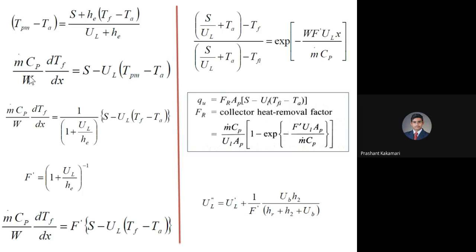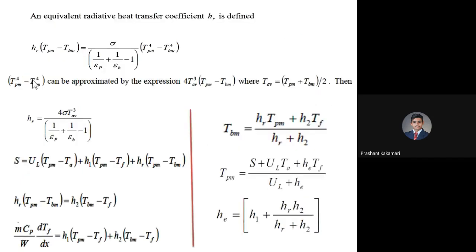Using all those substitutions from the earlier steps, we have substituted TBM, that is the mean temperature at the bottom plate, TPM, the mean temperature at the absorber plate, and the effective heat transfer coefficient, which is a combination of the heat transfer coefficient between the fluid and absorber plate, that is H1, the fluid and bottom plate, that is H2, and the radiative heat transfer coefficient, replacing the radiation equation. Okay, part of the radiation equation is replaced by this HR.